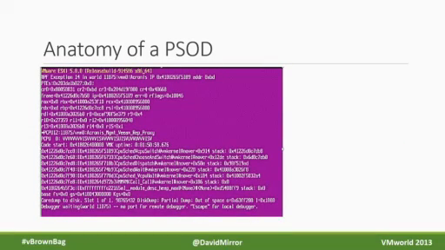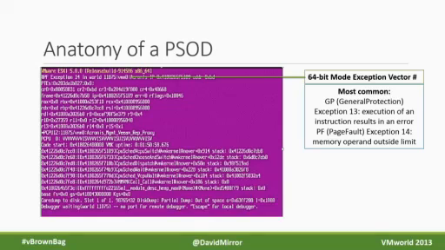So the first row of the PSOD screen is pretty obvious. It is the release version running at the host. The second row shows the exception number as defined by the CPU manufacturer. We have found that the most common ones are the GP exception 13 and PF exception 14.